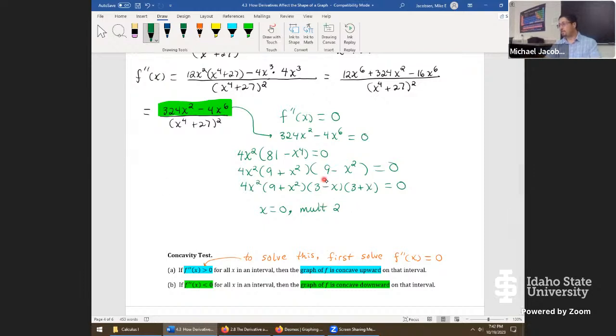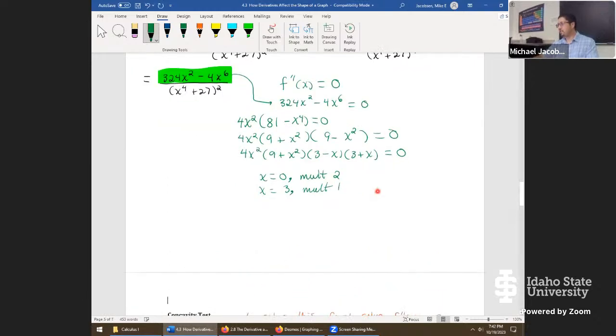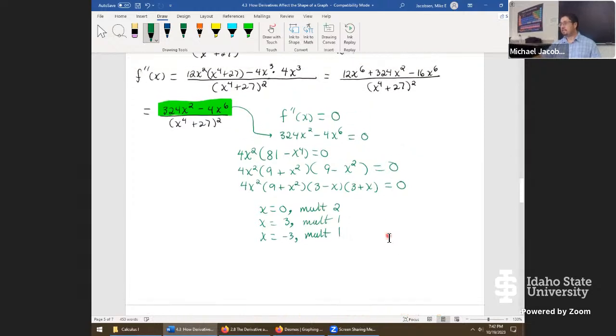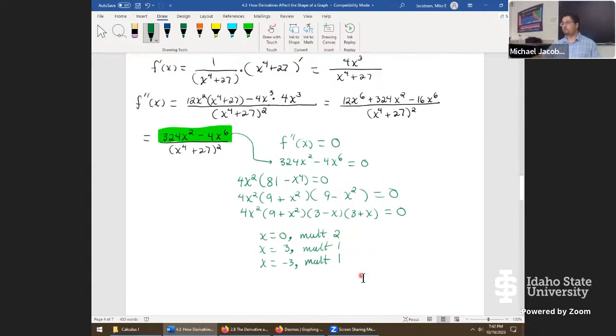But let's now go off to this one, x equals 3. This has multiplicity 1. And the final one is negative 3 on this term. Multiplicity 1.